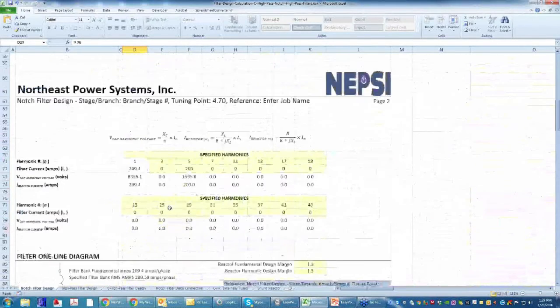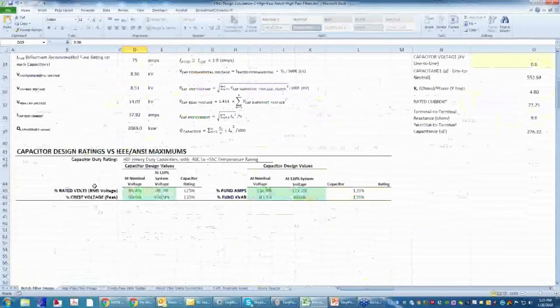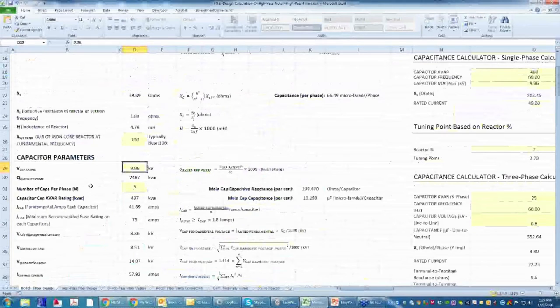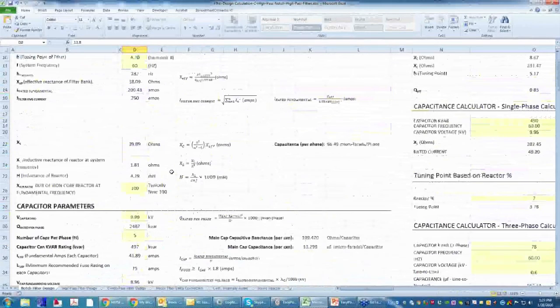So if I scroll down here, we're just coming up with the values of X of L and X of C. Once X of C and X of L are picked, you still have to come up with a voltage rating on the capacitor. And like I said before, on a 13.8 kV system, if the nominal voltage of that system is 13.8 kV, you still will need to pick a higher rated capacitor.